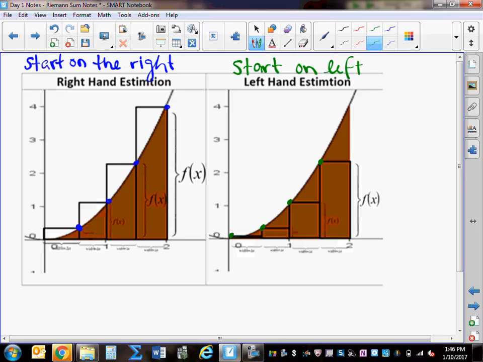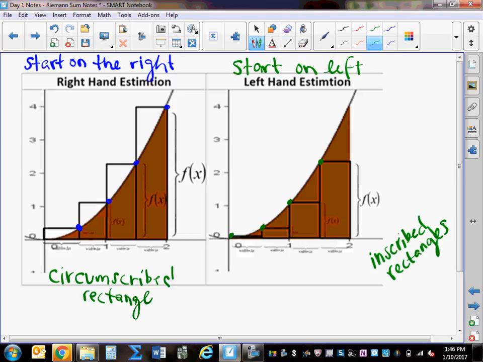Now, we would call these here inscribed rectangles for this particular example. And we would call these ones circumscribed rectangles. And again, this is just specifically for this example.